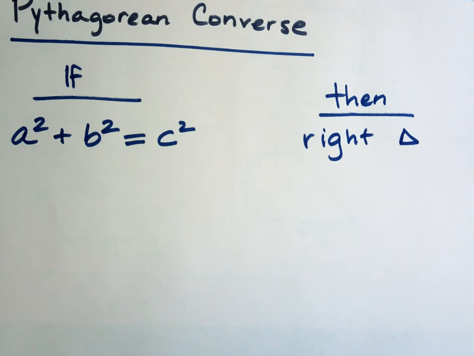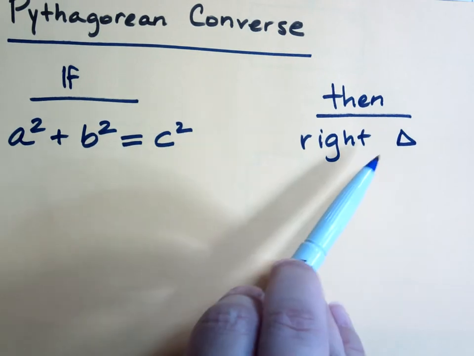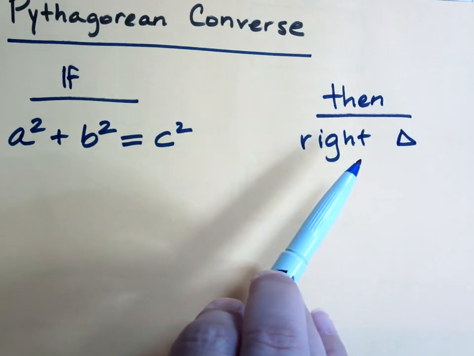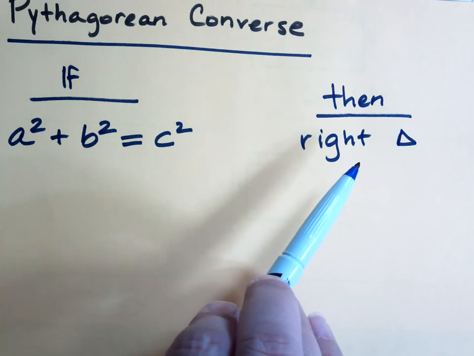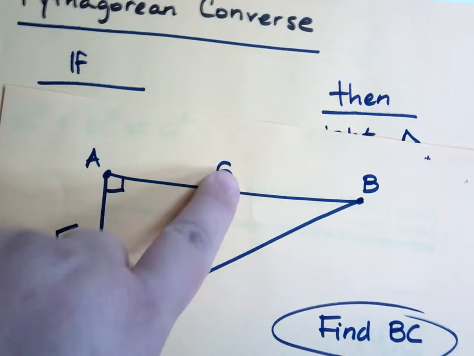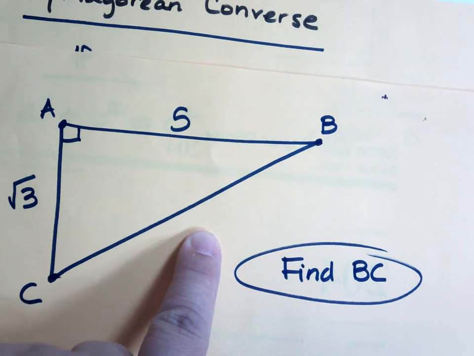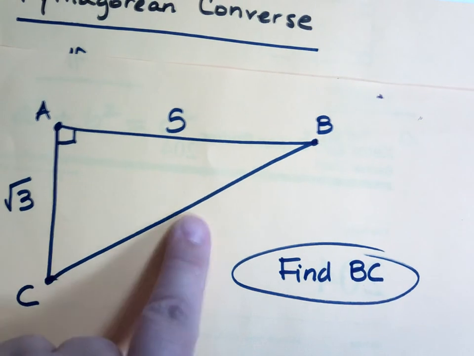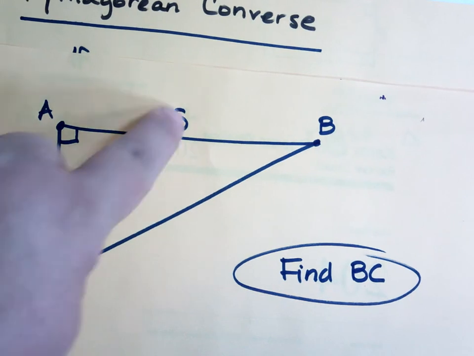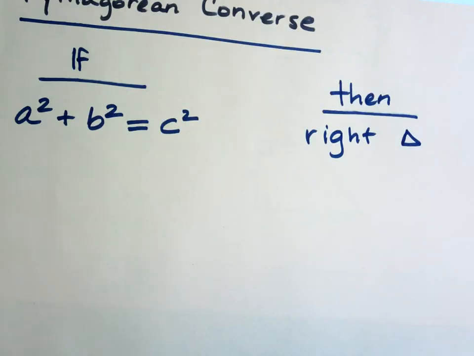Instead of saying, I have a right triangle, what can you tell me about the sides? It's, look at what's true about my sides. What kind of triangle is it? So if you have a triangle with side lengths of, for instance, square root of 3, 5, and 5.3, but you didn't already know it was a right triangle, you could say it's a right triangle by the Pythagorean converse because it fits into the Pythagorean theorem and makes a true statement when you use those numbers.